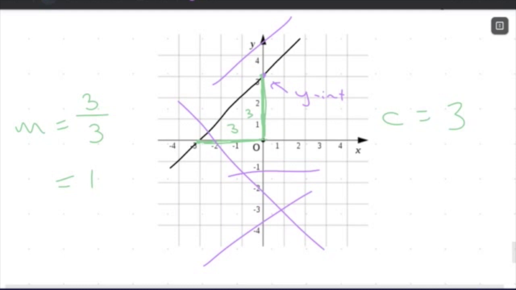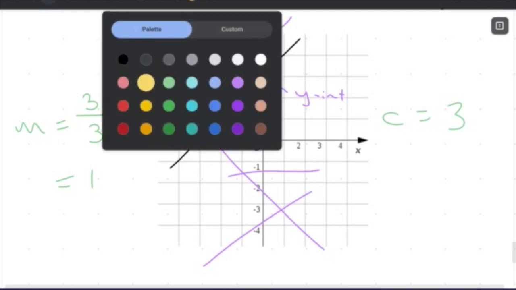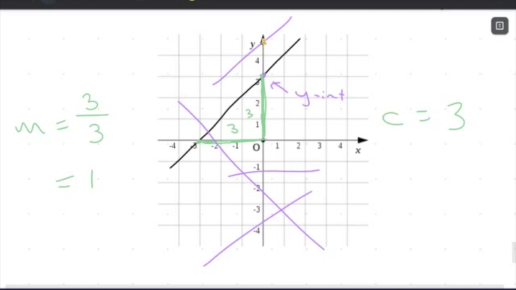What is the x coordinate at this y-intercept, or this one, or this one? Well, my x coordinate is always 0 when the line intercepts our y-axis.